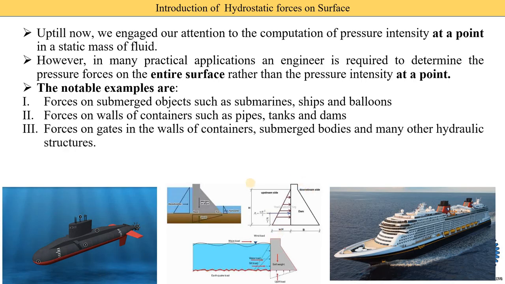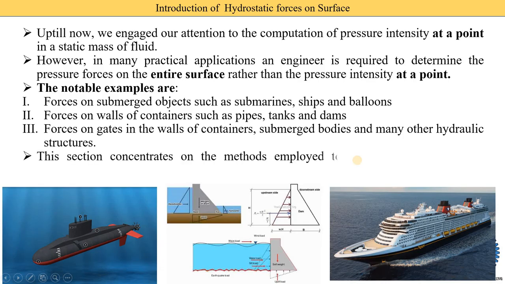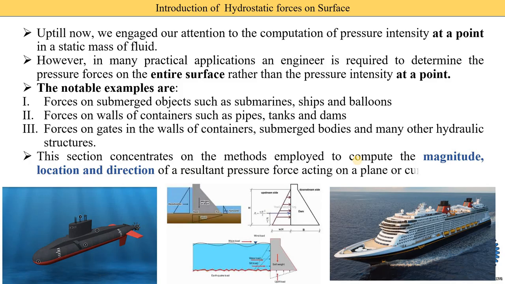Next, force on gates in a wall of containers, submerged bodies and many other hydraulic structures. This section concentrates on the methods employed to compute, meaning to calculate, the magnitude of pressure, location of pressure and direction of the resultant pressure force acting on a plane or a curved surface.